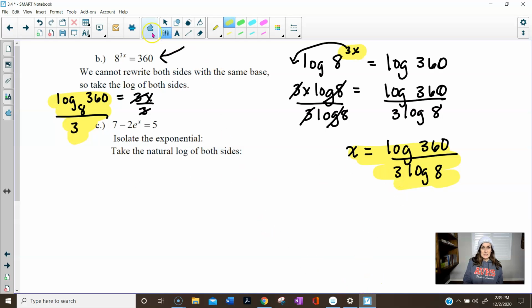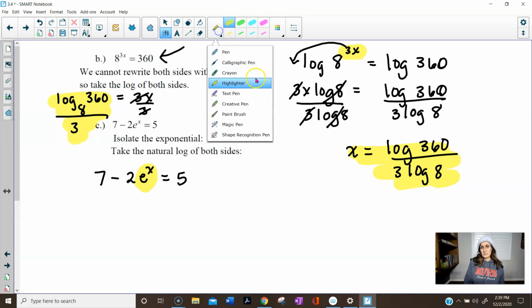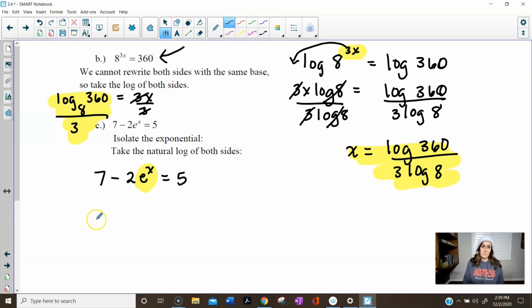Okay, so let's look at C. What we're going to do is start by isolating the exponential. So I want to isolate the e to the x. When you go to isolate, you want to undo the add or subtract first. So you can start by subtracting 7.